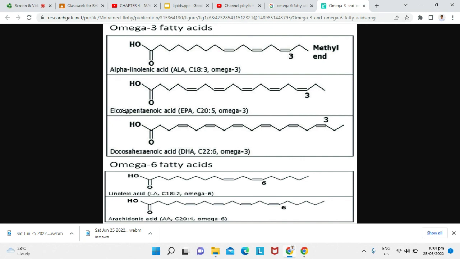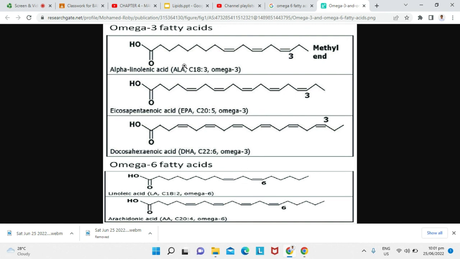Okay, next example, eicosapentanoic acid. So this is another omega 3 fat. Kay ngano, naa sa ikatulo nga carbon ang first nga double bond counting from the methyl end. 1, 2, 3. Okay. Docosahexaenoic acid. 1, 2, 3. So that's why omega 3 siya.